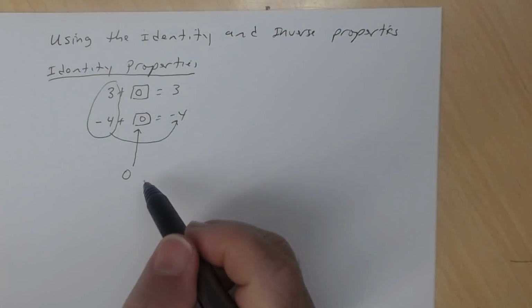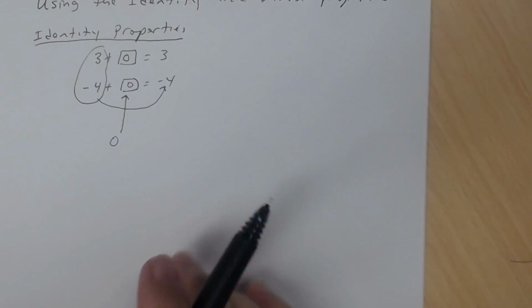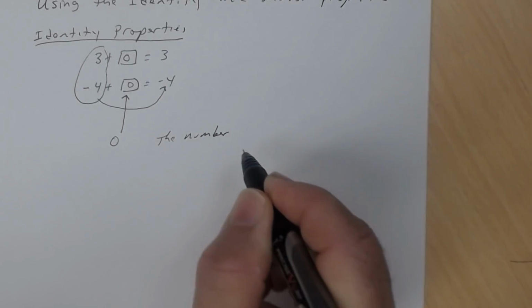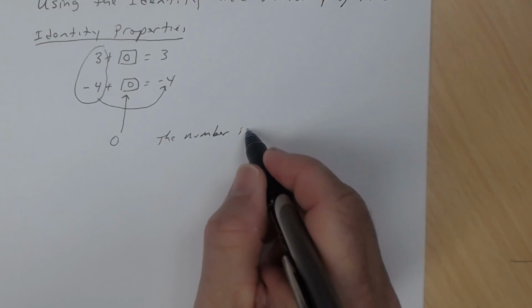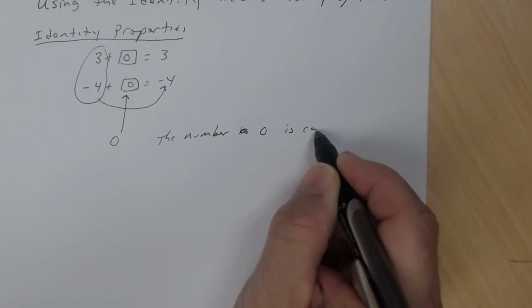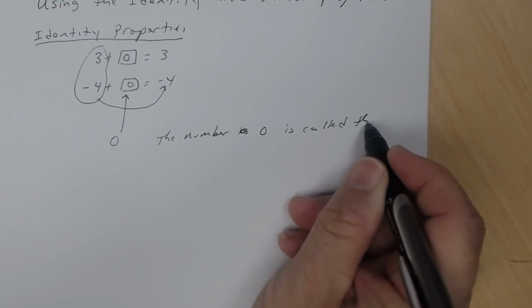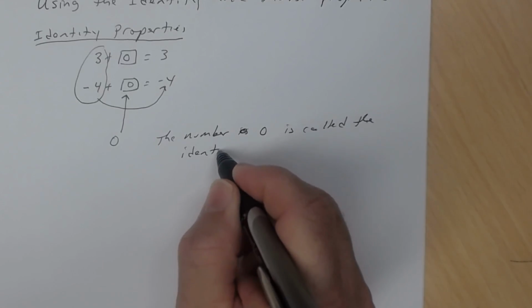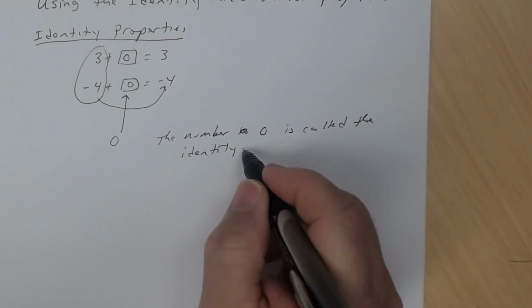Okay, so what that means is that the number 0 is called the identity for addition.